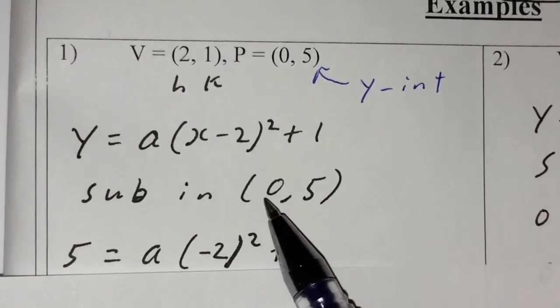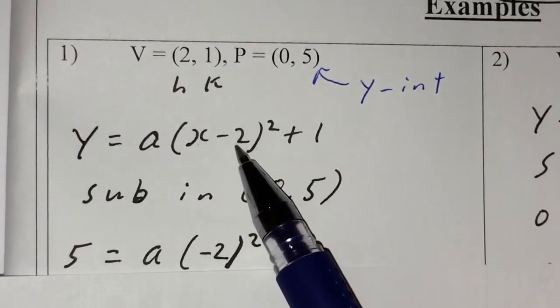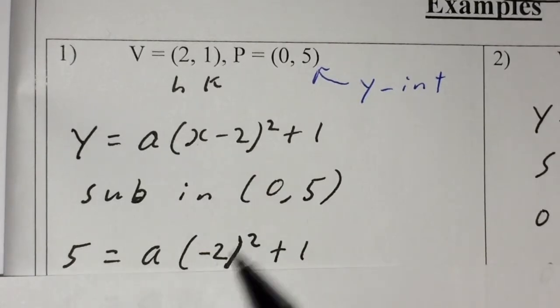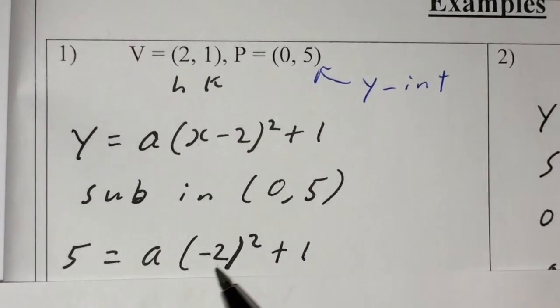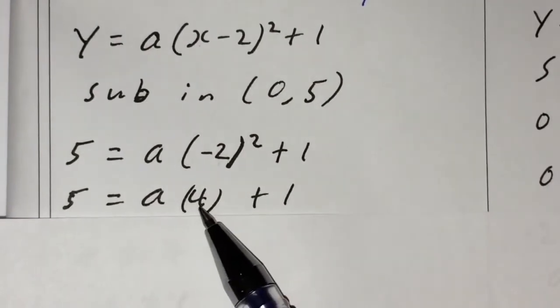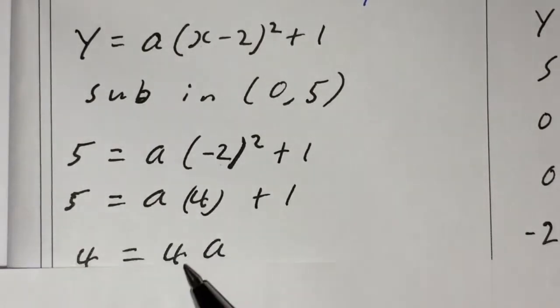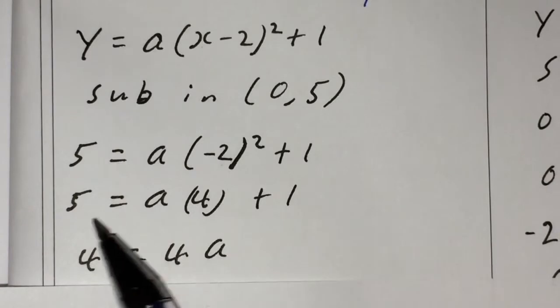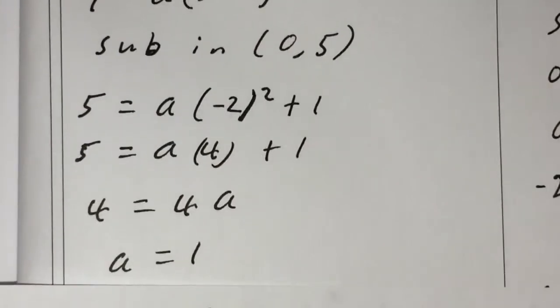0 goes in for the x, which makes that 0 minus 2, and it's negative 2 squared, and the 5 goes in for the y. Negative 2 squared is 4, so you get 4a plus 1 on this side. Subtract 1 from both sides, you get 4 equals 4a.